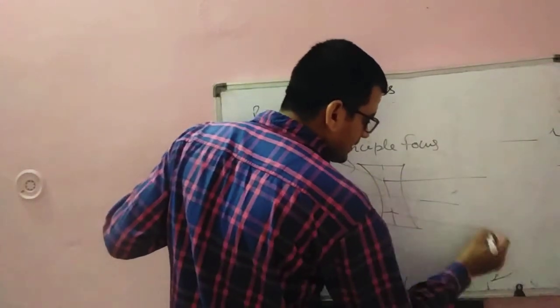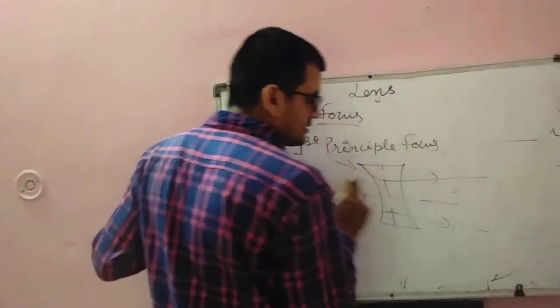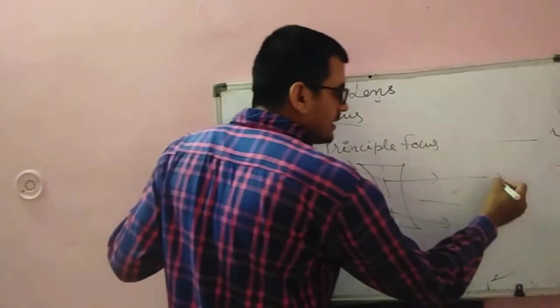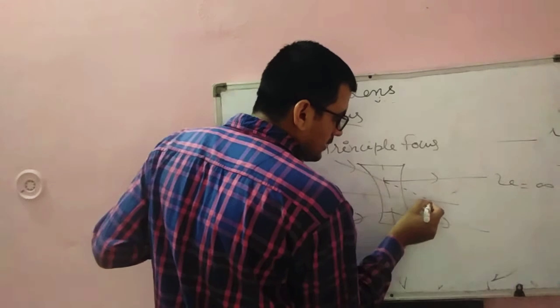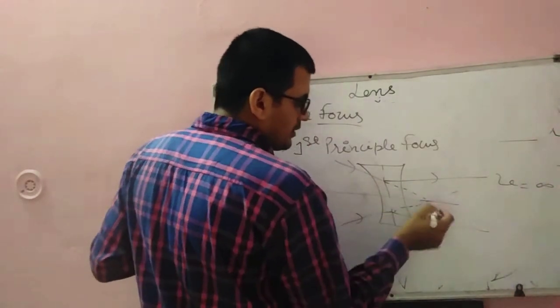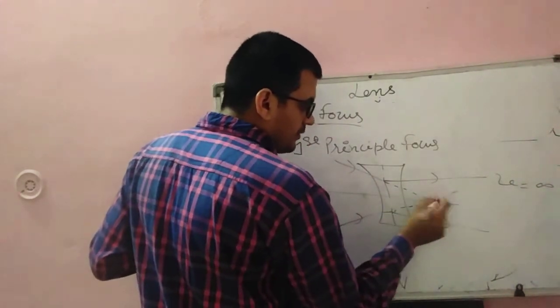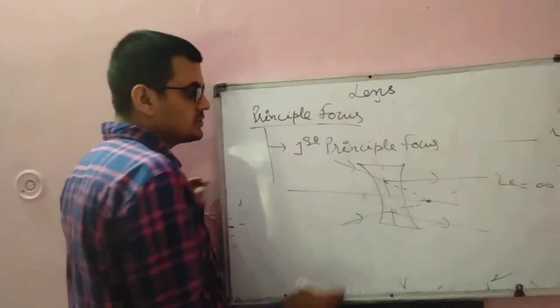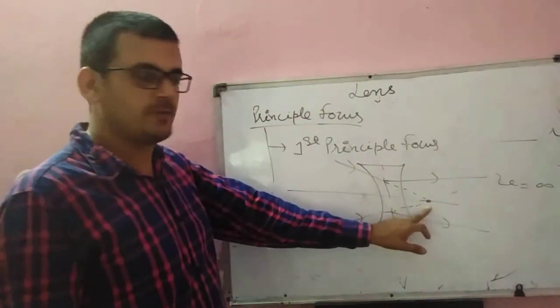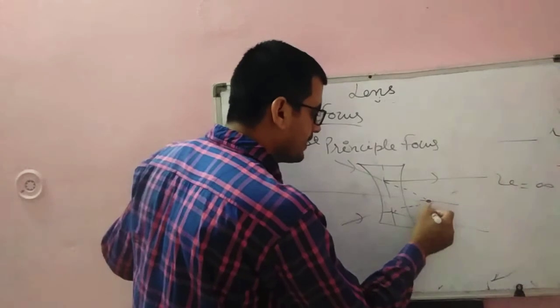After the refraction, rays of light will meet at infinity. So the virtual object will be placed at this point. So this is the first principal focus, F1.